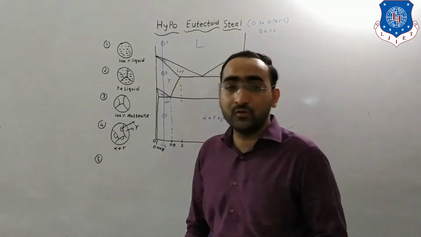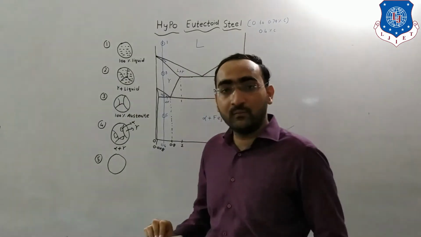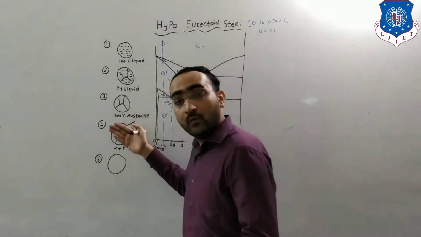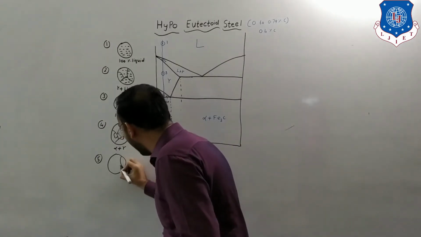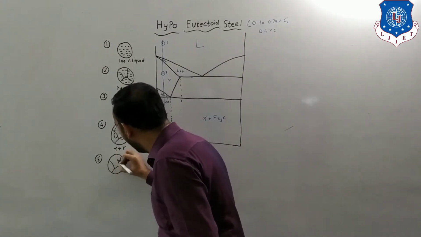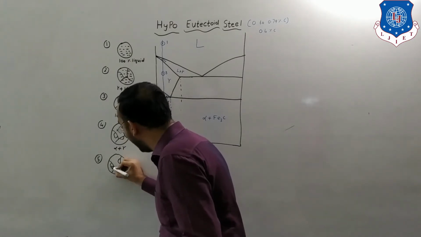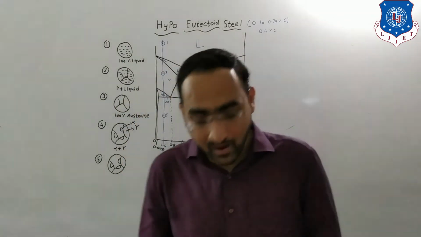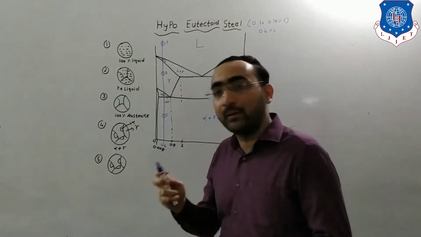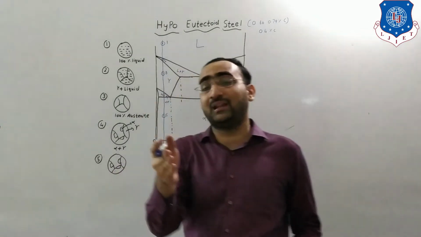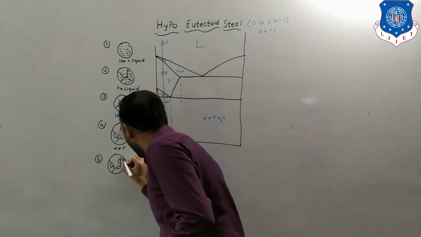One thing you keep in mind: before drawing this structure, we will be drawing the same figure down. Wherever the ferrite is present, put the ferrite at that region. And whatever is remaining, we will go for the pearlite region. The pearlite region, as we have seen last time, is a lamellar structure, so it will be shown like this lamellar structure.